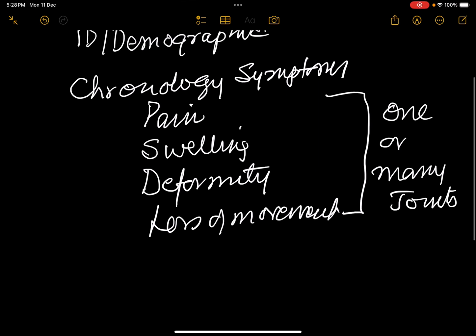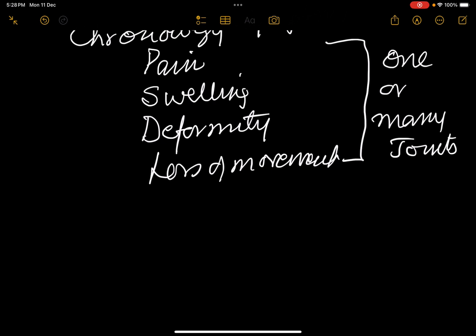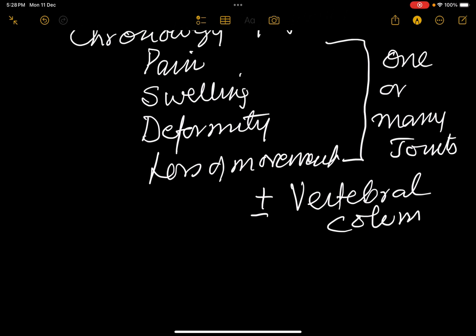Now, this can be with involvement of the vertebral column and sacroiliac joints. So, pain, swelling, deformity, loss of function.